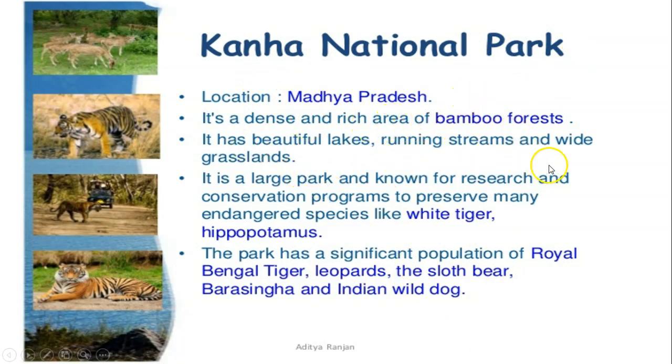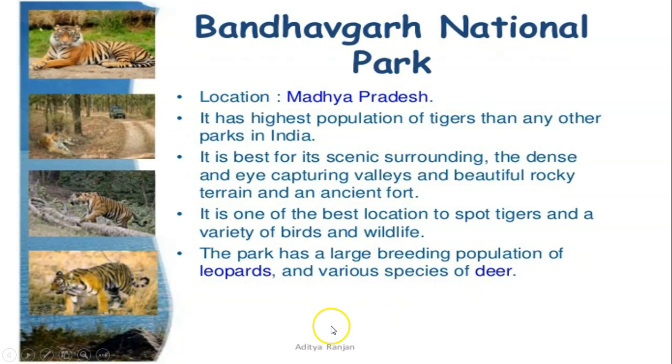It's a dense and rich area of bamboo forest. It is for the conservation of endangered species like white tiger and hippopotamus. The park also has a significant population of Royal Bengal tiger, leopard, sloth bear, Barasingha, and Indian wild dog.